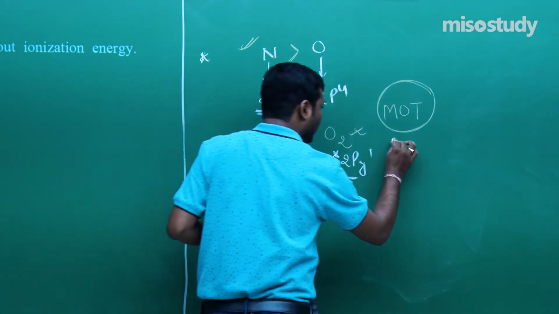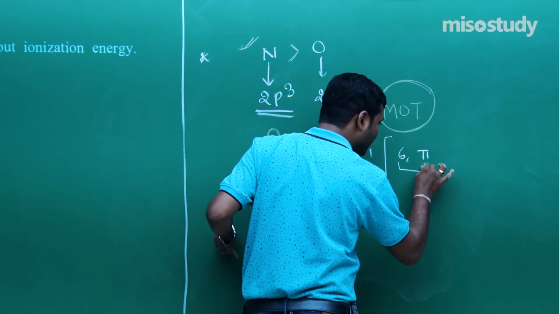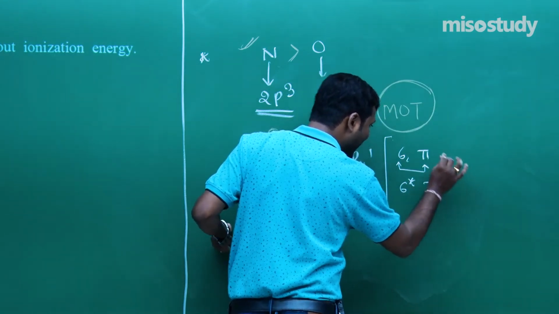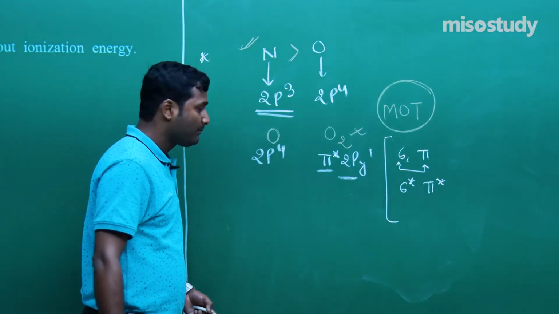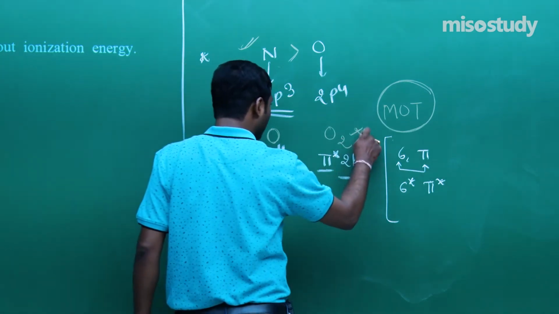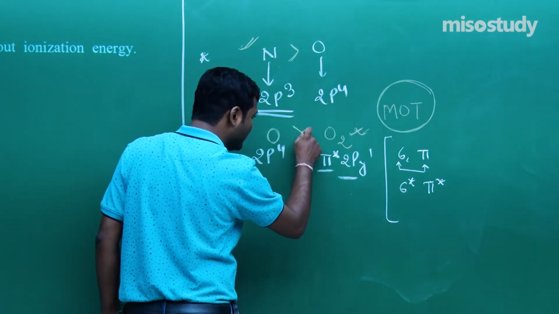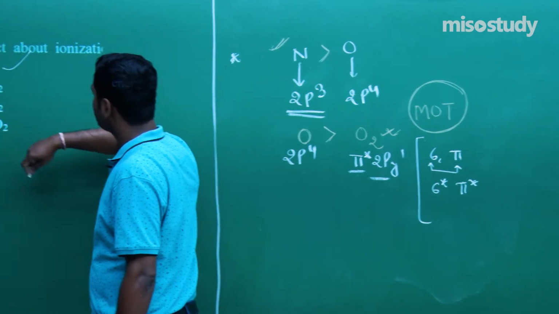If I write sigma and pi, these are bonding orbitals. If I write sigma star, pi star, these are anti-bonding orbitals. So there is an involvement of anti-bonding orbitals, so definitely it will lose an electron easily. So in this case, O has more ionization energy. That is the order. So option 1 is correct.